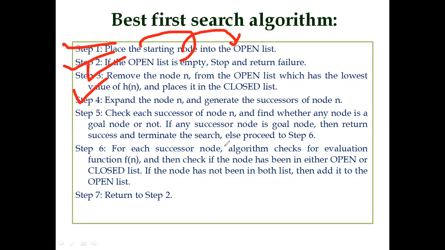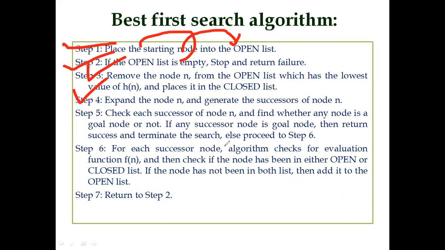First, you expanded the node n, and you generated its successors. Now from all those successors you have to find out whether any is a goal node. If yes, you got what you are searching for. So return success and terminate the search.